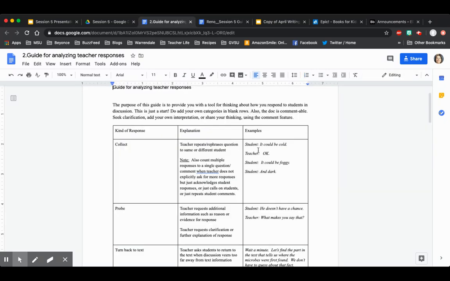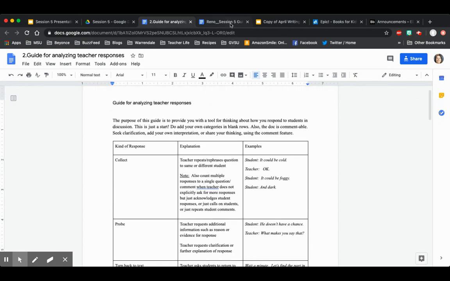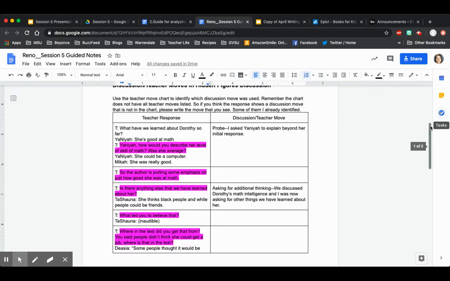You can use this chart to help you. Some of them I did for you, just so you could get an idea. Like for the very first one, I probed Yanaya. I wanted her to give me some more reasoning and explanation after her initial response.